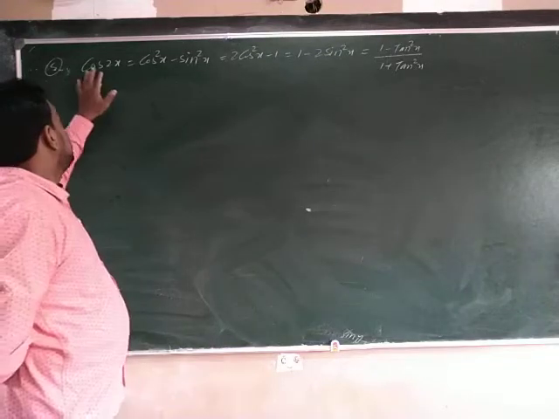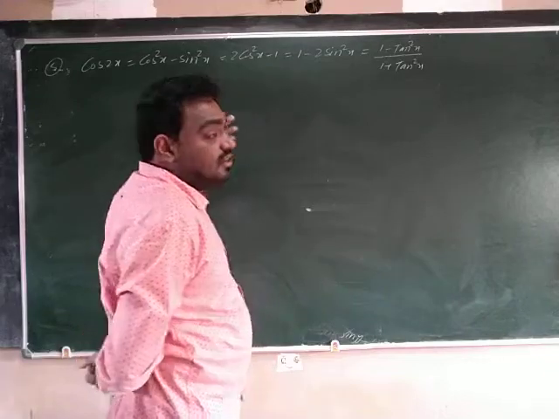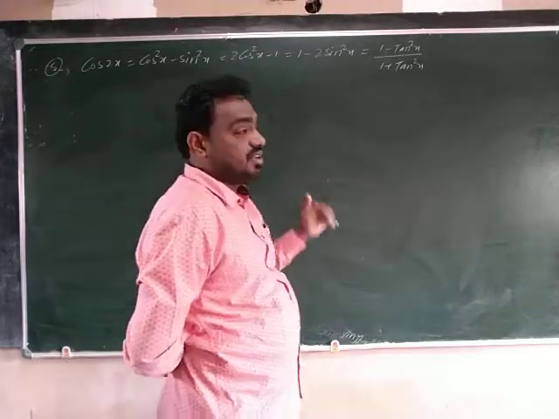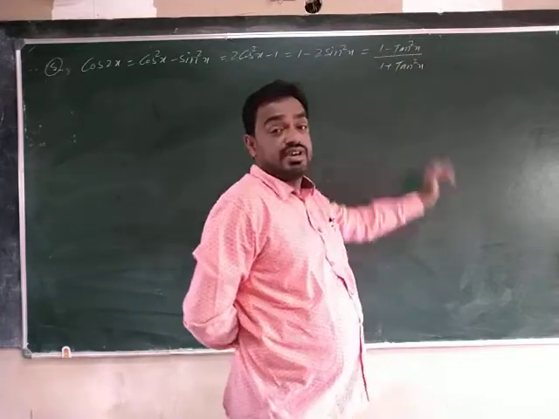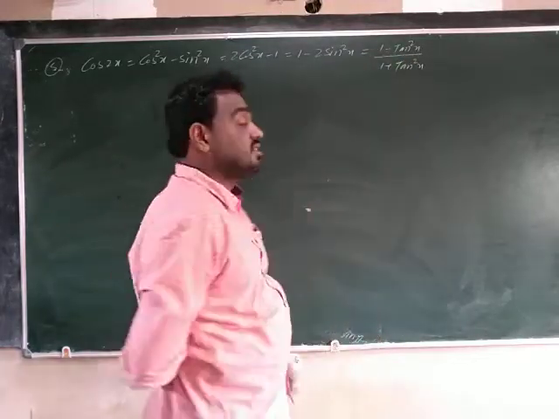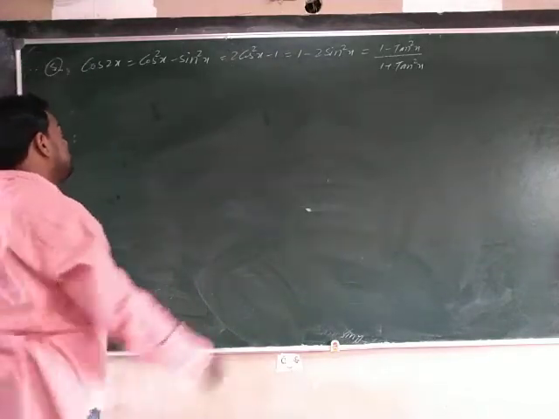Otherwise cos 2x is equal to 2 cos square x minus 1. Otherwise cos 2x is equal to 1 minus 2 sin square x. Otherwise cos 2x is equal to (1 minus tan square x) by (1 plus tan square x). Any one they can ask. So we have to practice all the questions. You see, very simple problem.